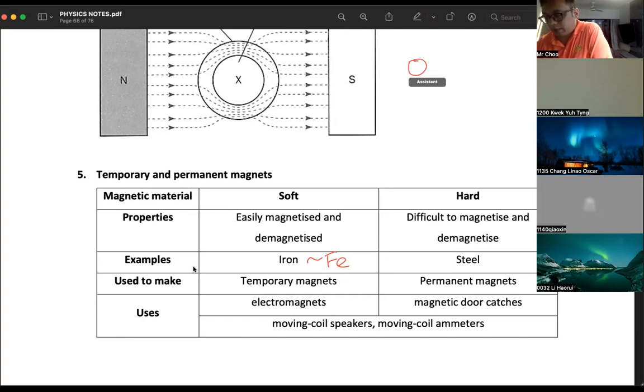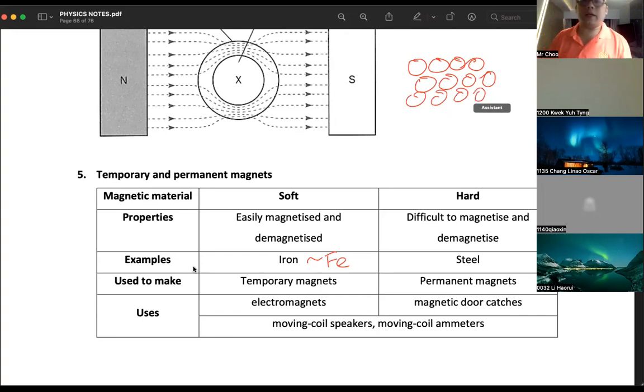If you look at the molecular structure of a pure element, they are all organized in a regular pattern. Whereas compared to steel, which is an alloy, you have the same iron, but there is actually a small amount of carbon within them. Is that clear?